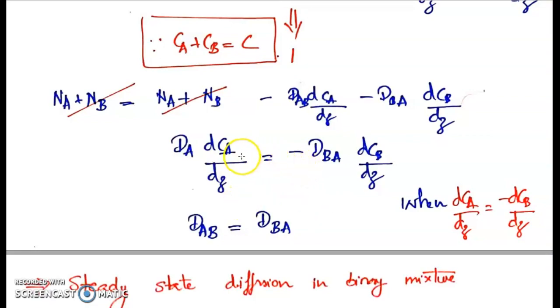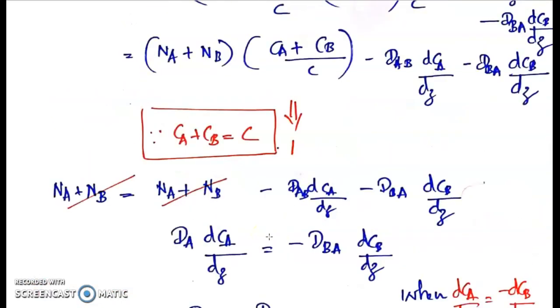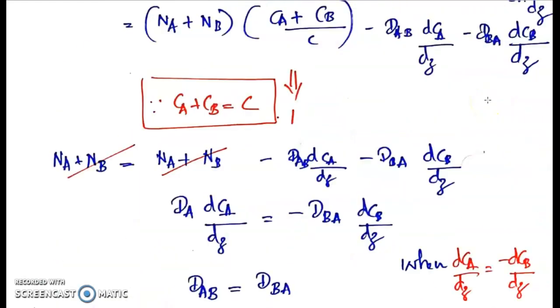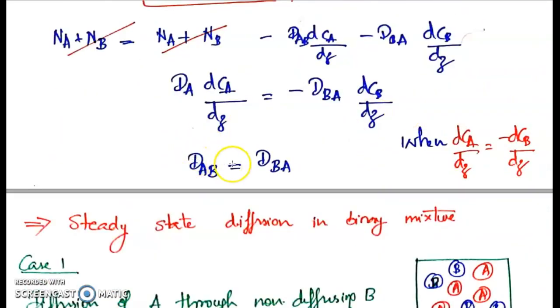Let us assume that in this vessel the concentration gradients for both A and B are equal and opposite. So if dCA by dZ is equal to minus dCB by dZ, we can say DAB is equal to DBA. So in that case, I can say the diffusion coefficient DAB for component A in the mixture is equal to the diffusion coefficient of B, DBA, in the same mixture.